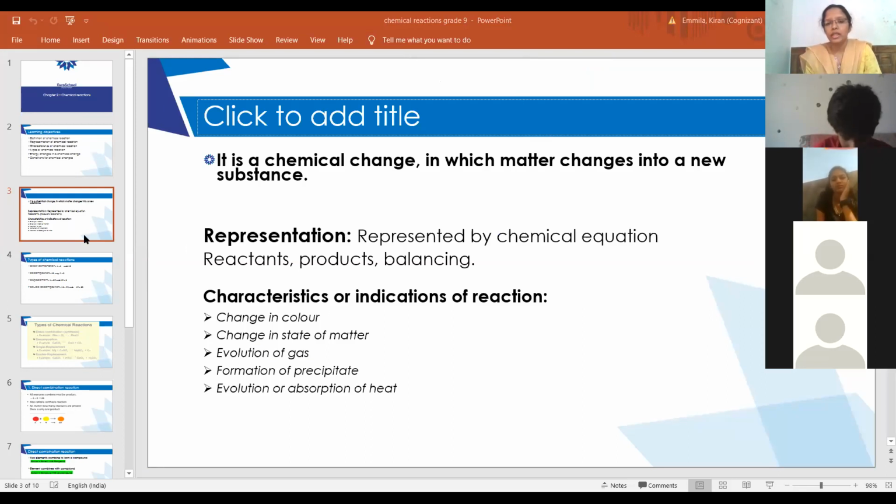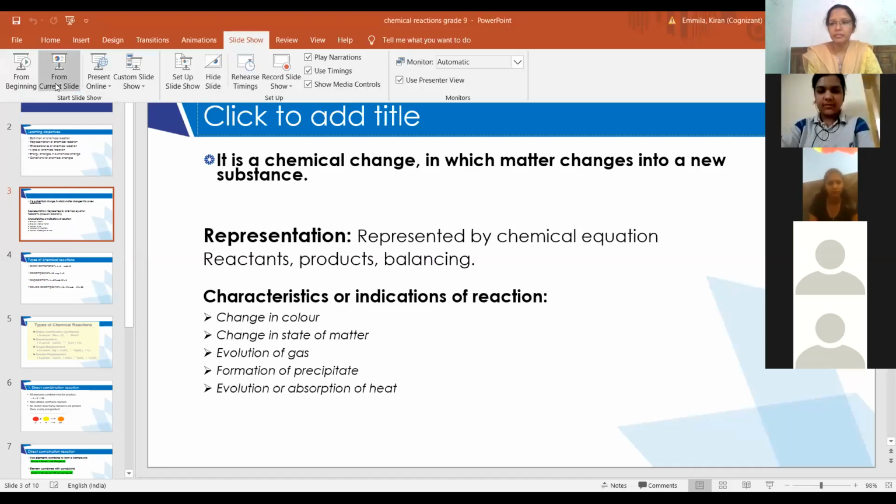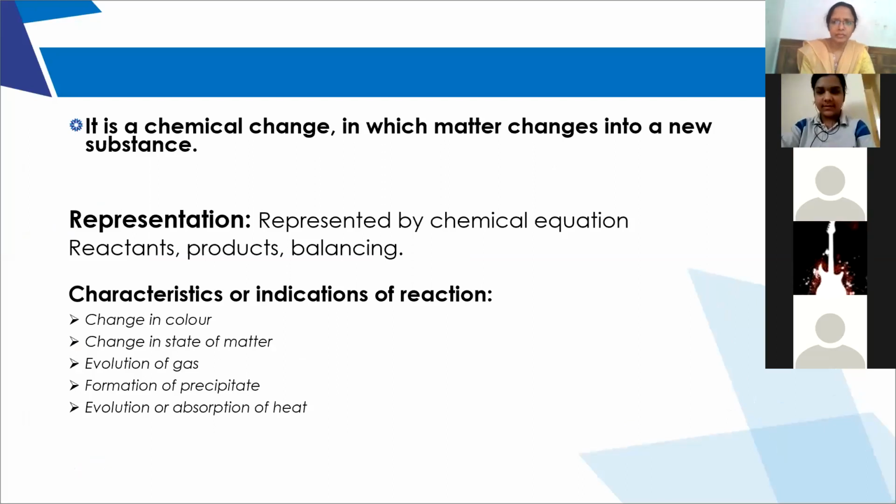So we all know that a chemical reaction is represented by a chemical equation. That equation contains reactants on the left hand side and products on the right hand side, separated by an arrow. And we have to balance the chemical equation. What is the need to balance the chemical equation? Ma'am, law of conservation of mass.